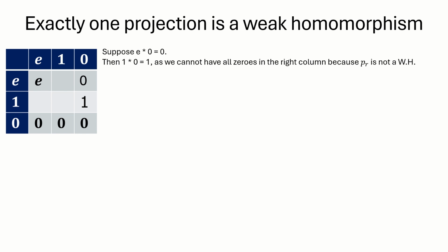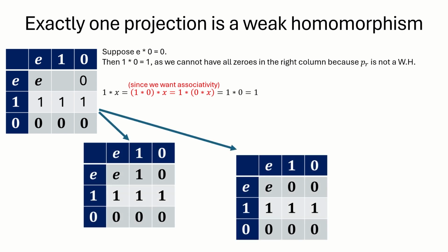So the entire second row must be 1. The only cell that we have freedom to choose is the cell e times 1. And it turns out that either choice produces an associative product. The choice of e times 1 equals 1 produces the famous lexicographic product.